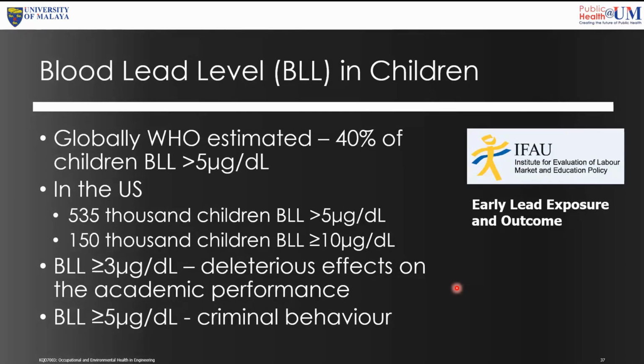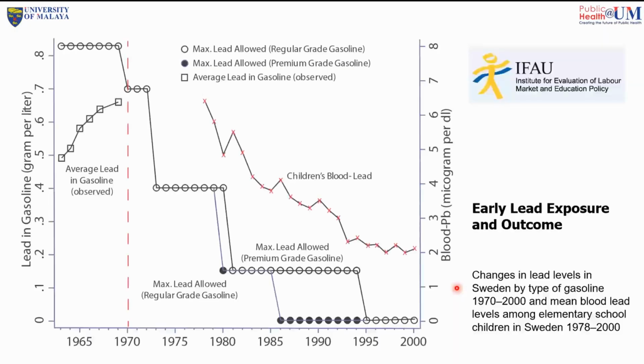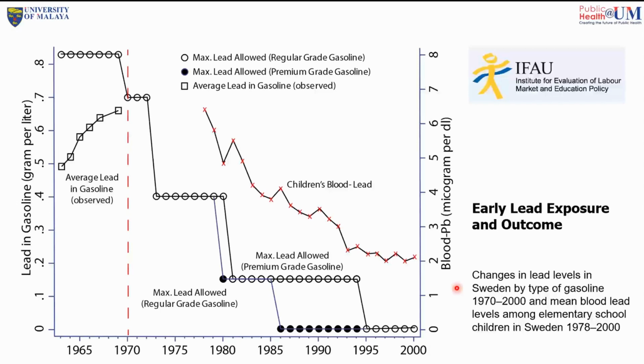So it is important to reduce the blood lead level in the child or environmental exposure to lead. This table shows the changes in lead level in Sweden and the type of gasoline between 1917 and 2000, and the mean blood lead level among elementary school children in Sweden between 1978 and 2000. If you look at it, the level is associated with the decrease in the lead level in gasoline.